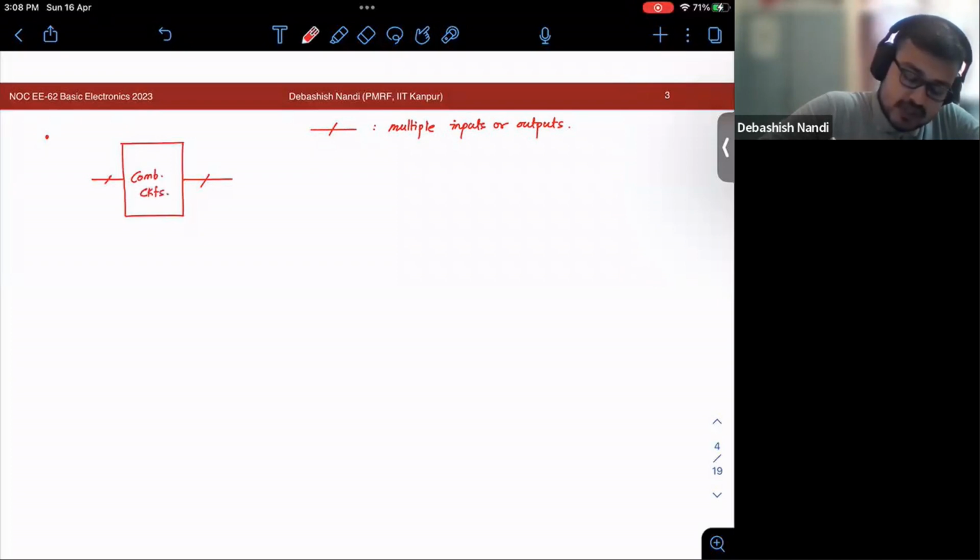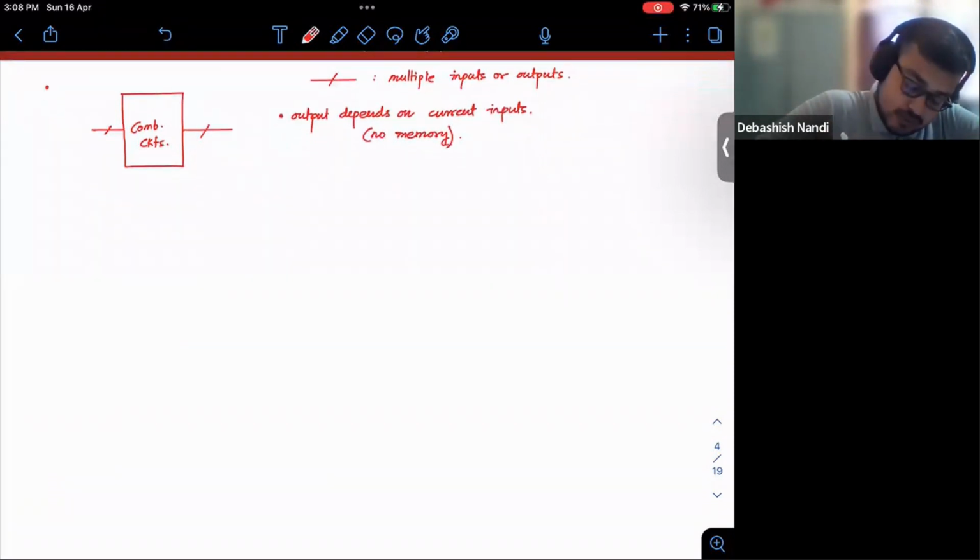What is the definition? The output depends on current inputs. No memory. Okay. So what about your sequential circuits?